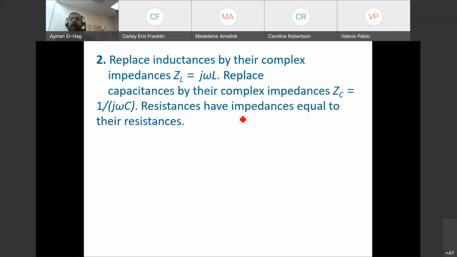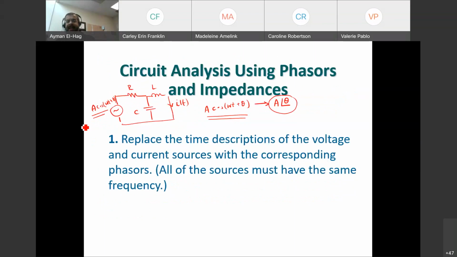Number two, I will replace every inductor by j omega L, every capacitor by 1 over j omega C, and every resistance I will keep as it is. So if you go back to the previous example, instead of L, it is j omega L, in ohm, and this is minus j over omega C, or 1 over j omega C, also in ohm.